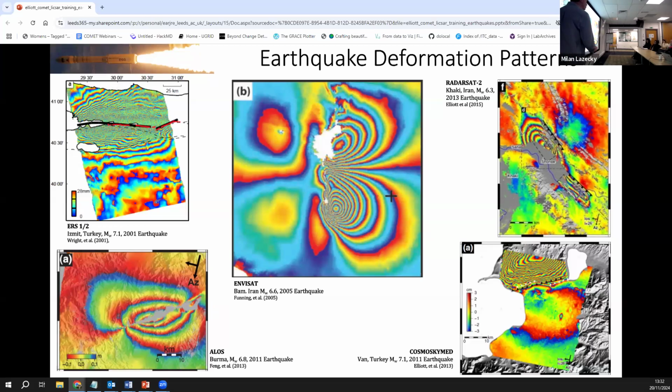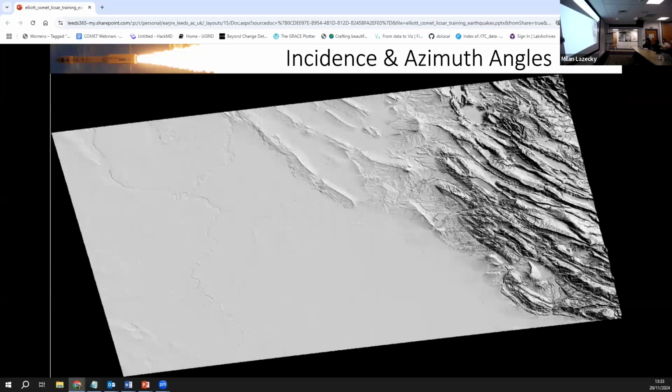ALOS is L-band, a much longer wavelength, so this works well in Myanmar, where there's much denser vegetation. C-band doesn't do very well there. L-band, 24 centimeters, does well with leaves, trees, plants, and can cope with that better than the others. X-band is very high resolution, just a few centimeters in wavelength, but their resolution cells are a lot tighter as well. So that's good for certain targets, volcanoes, and for urban areas as well.